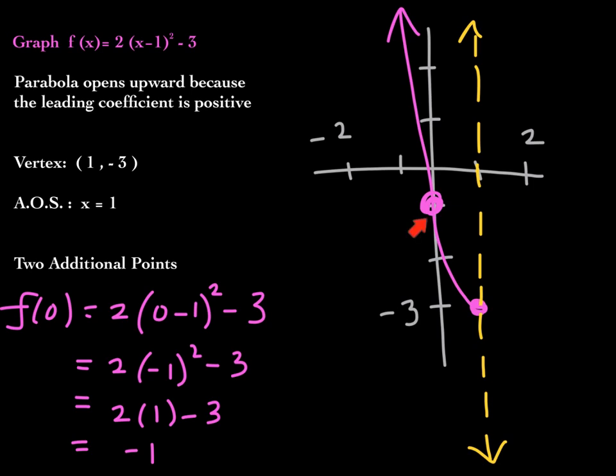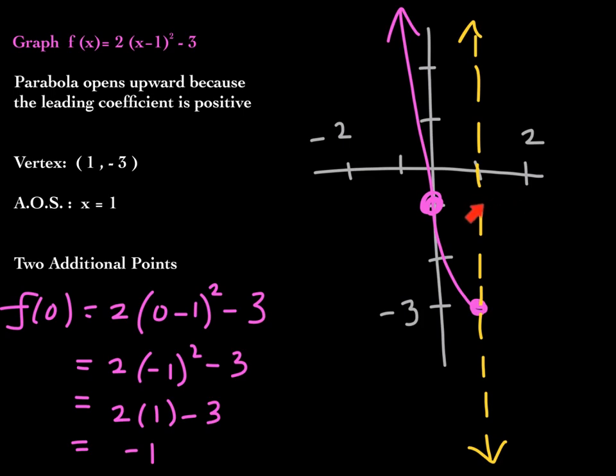I want you to get the mirrored image of this point across the AOS. Remember, the AOS is like a mirror. It cuts your parabola in half. What you see on the left-hand side, you get over here on the right, the mirrored image. So if this point is 1 unit away from the AOS, that means there's another point on this side that's 1 unit away.